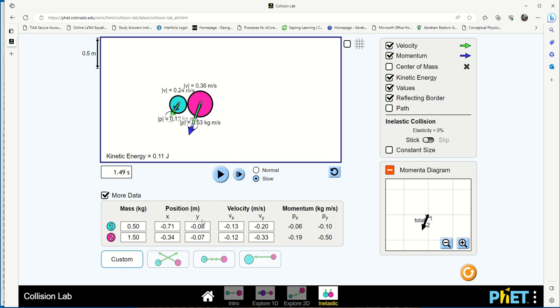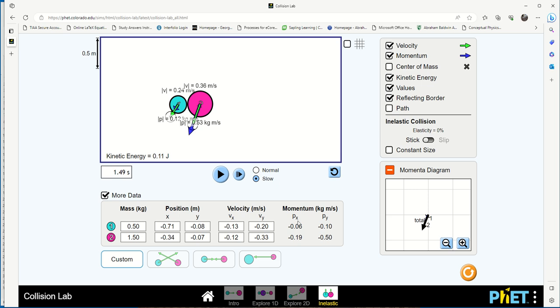Pause. You can see where it says P equal to 0.12 kilogram meters per second. That's your P1 final. See where it says P equal to 0.53 kilogram meters per second. That's your P2 final.